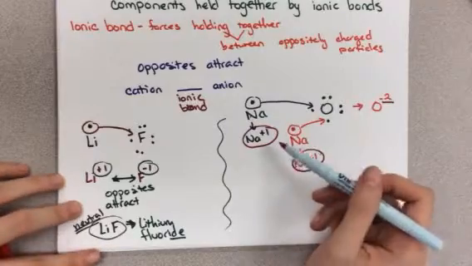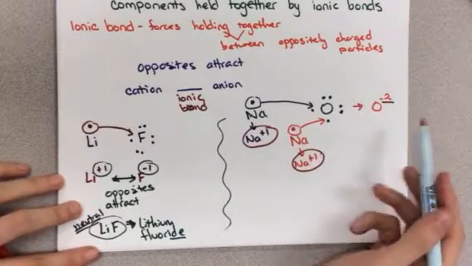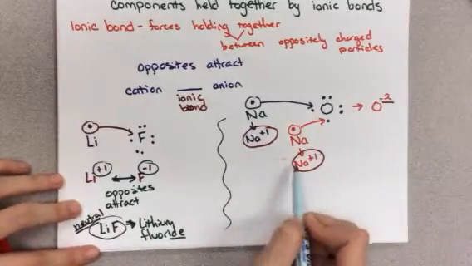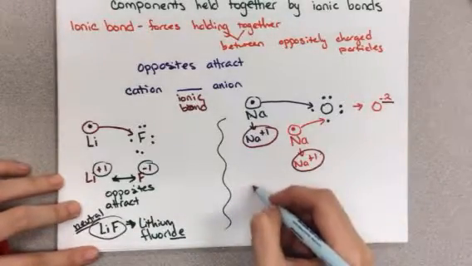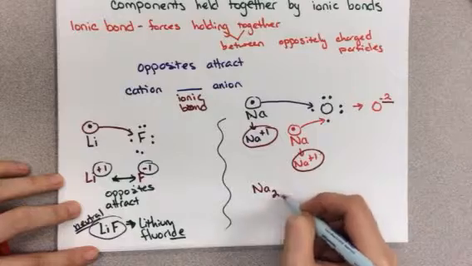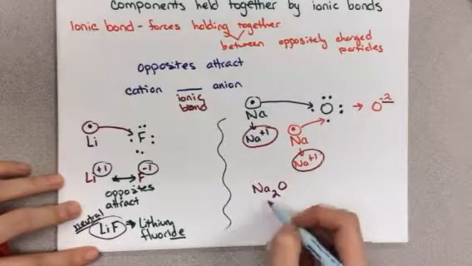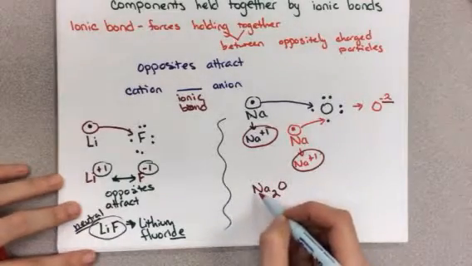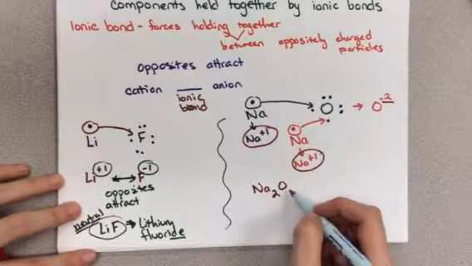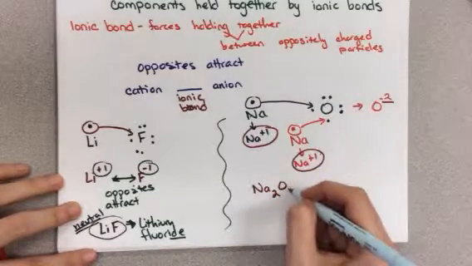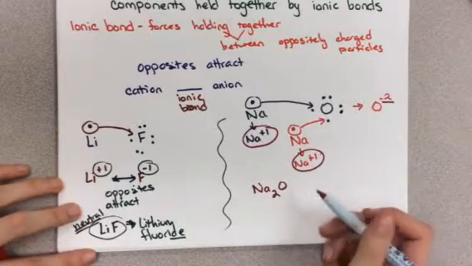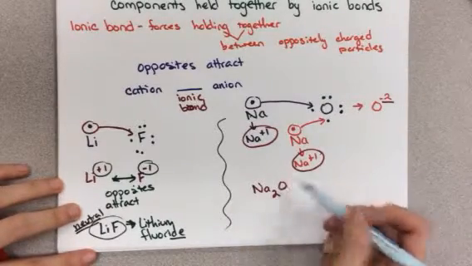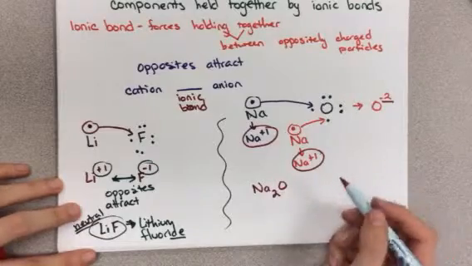So a compound between sodium and oxygen is going to require 2 sodium ions for every 1 oxygen. So what it's going to end up looking like is Na2O. And that 2, that subscript, means that you have 2 sodiums. And the 1 is understood. We actually don't have to write a 1 in here because it's understood. If it was 0, then you wouldn't have an O written there at all.